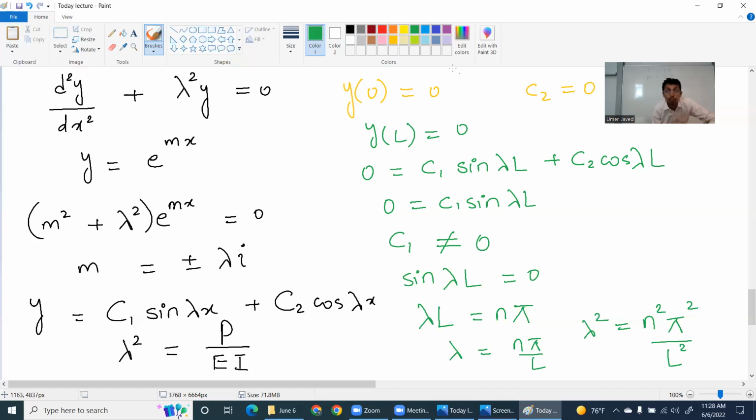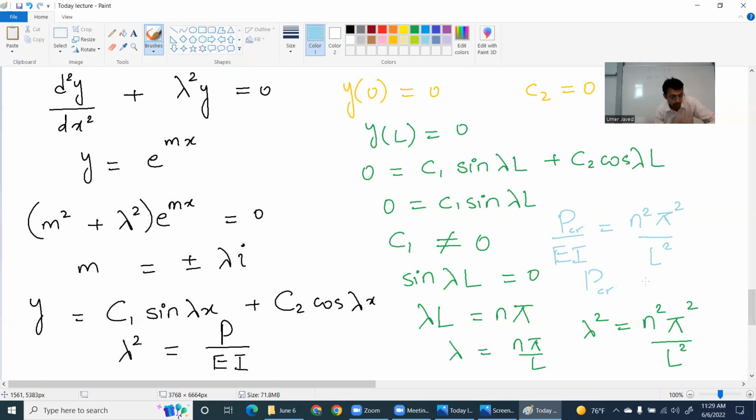So what is the value of P critical? Lambda square is P over EI. So P over EI is equal to n square, instead of this I will put CR, n square pi square over L square.